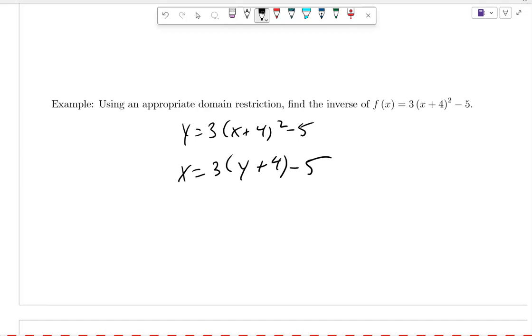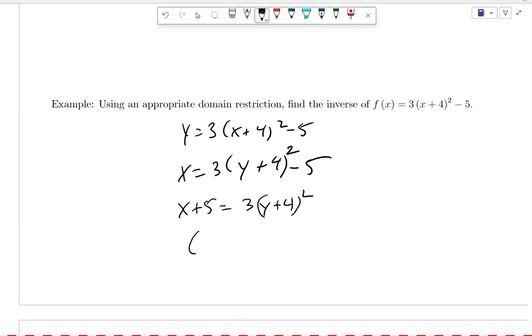Forgot my squared. We would need to add 5, right? So far, no issues. Nothing wrong with adding 5. I have no issues undoing adding 5 or subtracting 5.